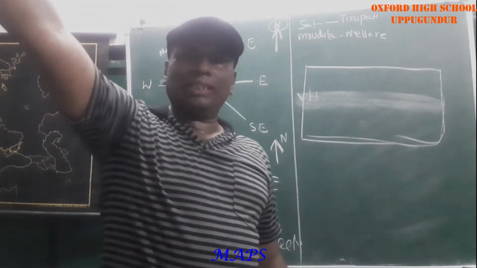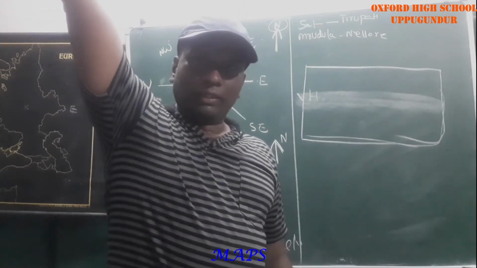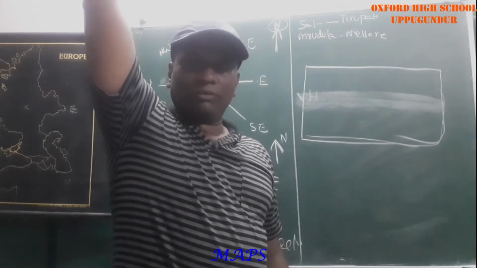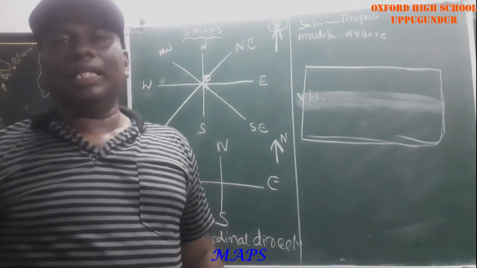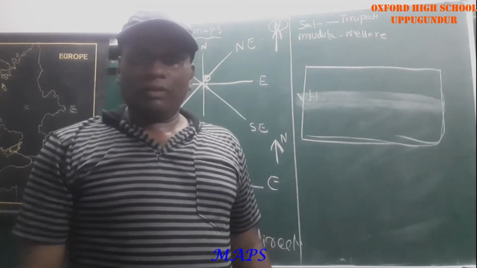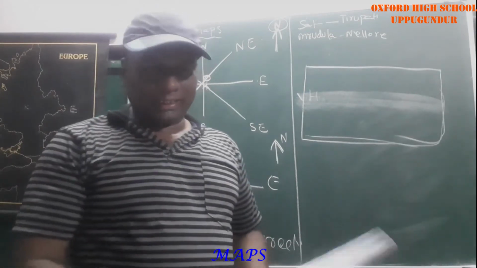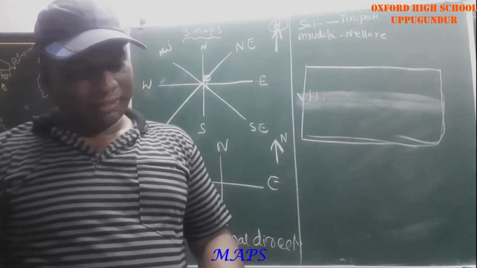From our school to the pond at the corner of this Uppugunduru village, 1 kilometer distance is there. In the scale, it is shown as 1 centimeter. For our convenience, we show the scale like that. Clear information I have given on that.